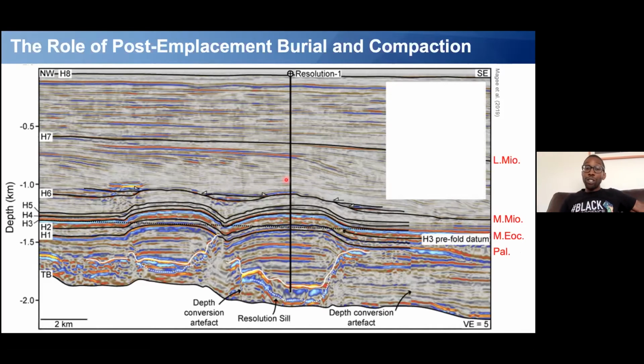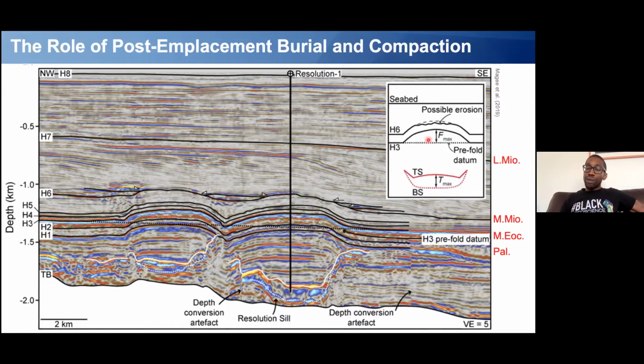So we can actually modify the geometry of the fold and the amplitude of the fold, and could that explain the mismatch between the fold amplitude and the sill thickness? So we could go back, measure the sill thickness, look at the amplitude of the fold, but then actually do what we would call decompaction analysis, so backstripping and decompaction. We're going to remove these overburden layers and try and recover the syn-emplacement geometry of folds.